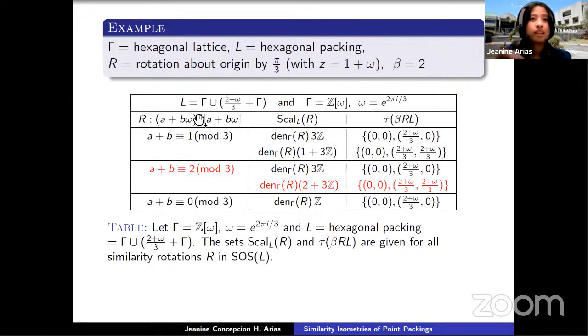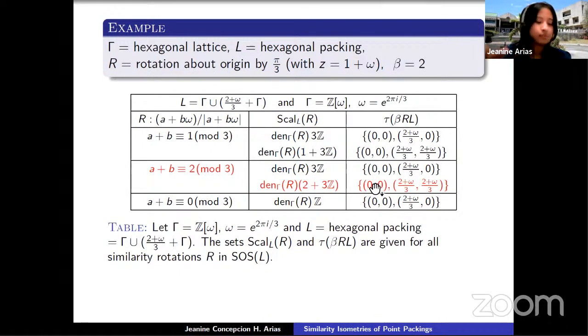So according to the table, we have to look at a plus b omega. In that case, you have a and b equal to 1. So the sum will just be equal to 1 plus 1 equals 2, which is 2 mod 3, while beta equals 2 falls under this category because the denominator of R in this case is 1.